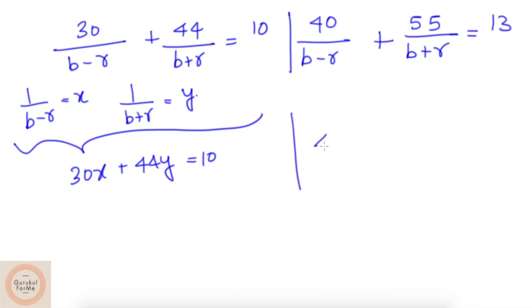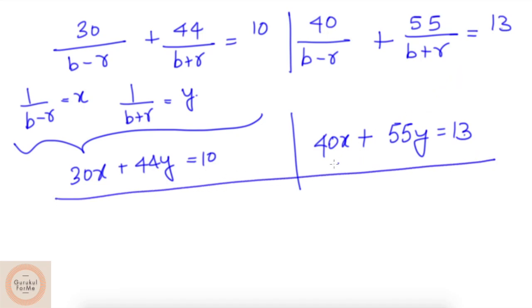And can we say that this equation is 40x plus 55y is equal to 13? Can we now try solving both equations, whether by the elimination method, substitution method or cross multiplication method, and find the answer?